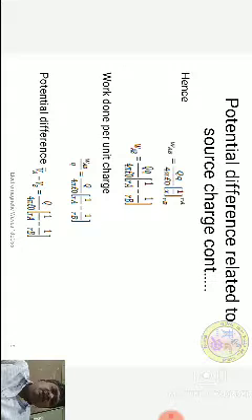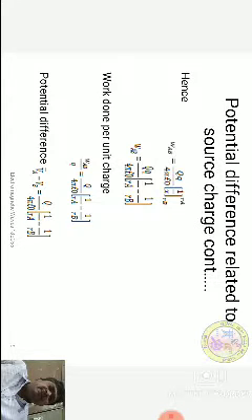Now, work done per unit charge: WAB per unit charge. Let us divide by Q on both sides. It is going to be the potential difference, because potential difference is work done per unit charge. So potential difference is equal to WAB by Q, which on the right side gives q upon 4 pi epsilon naught into 1 by RA minus 1 by RB.